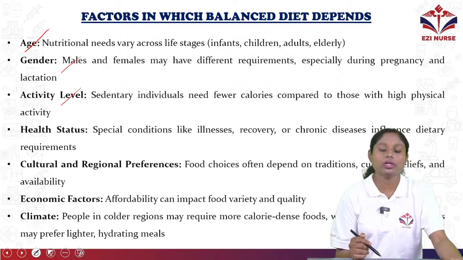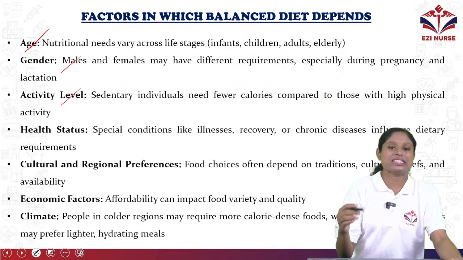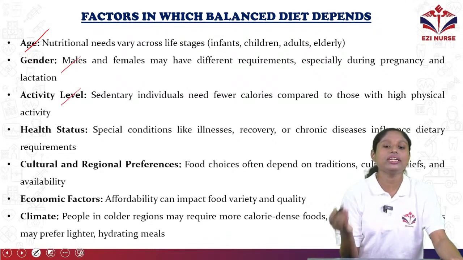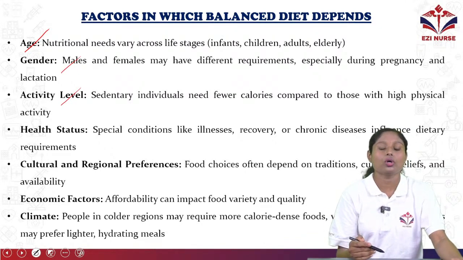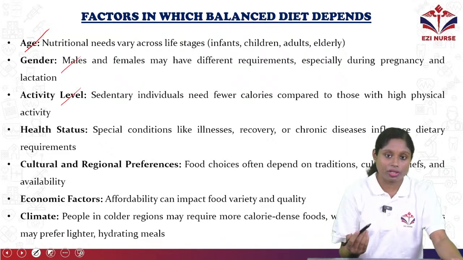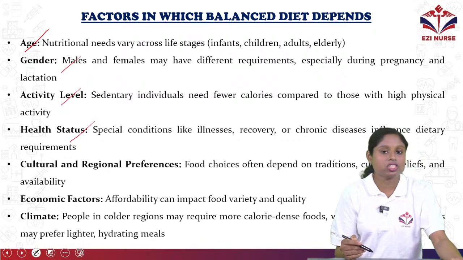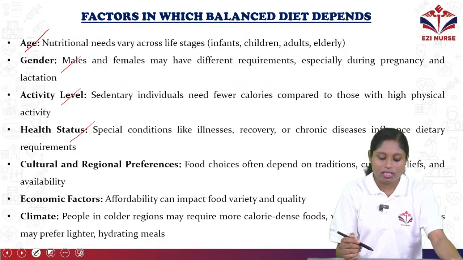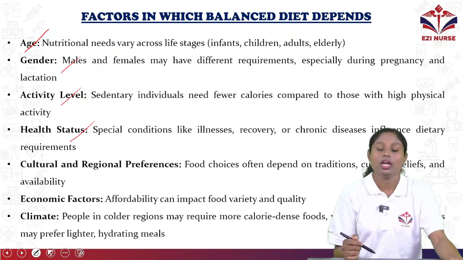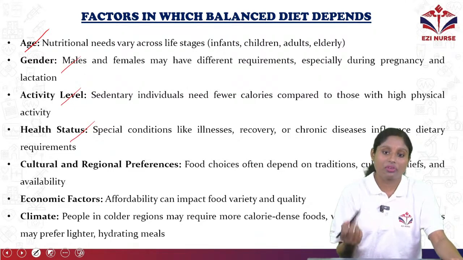So a person working in an organization or office, sitting and doing work, needs fewer calories compared to a person working in an agriculture field, doing hard work. So it is based on the physical activity. Next is health status. Special conditions like illnesses, recovery or chronic disease influence diet requirements. For example, if a patient is suffering from hypertension or diabetes, they need to have control over their food. So some of the food they need to restrict.